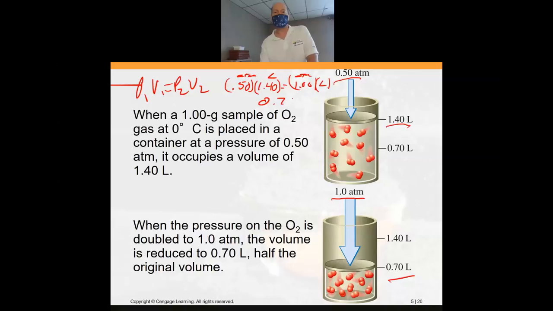Again, you're going to get 0.70 liters. One of these is going to be an unknown. So if it says you're at 1.4 liters and you double your pressure, what's your volume? Well, it's going to be half that, so it's 0.7. Again, we are not changing the number of gas molecules. They are the same. We are not changing the temperature. It's at the same temperature.